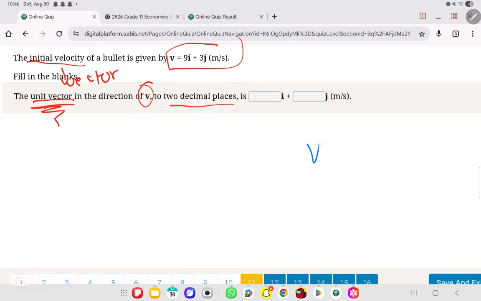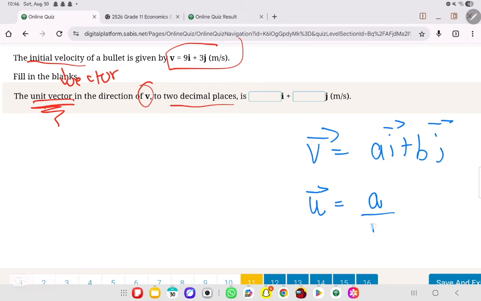V is equal to ai plus bj, and u, the unit vector, is equal to a over the magnitude, which I will call R, because the magnitude is R. So u equals ai over R plus bj over R. Again, R is the magnitude. Now we need to find the magnitude. What's the magnitude?